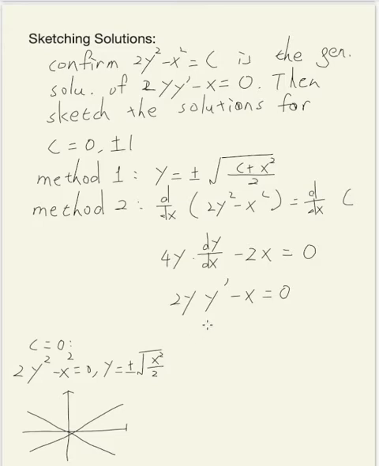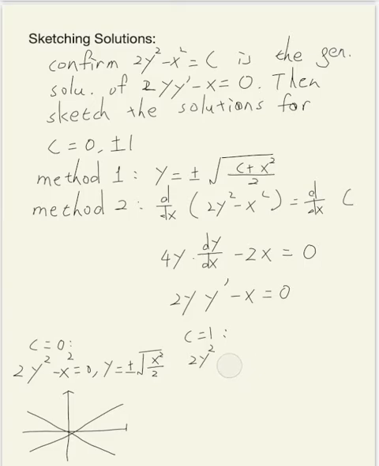And let's look at c equals 1. If c equals 1, then you get 2y squared minus x squared equals 1. Or if we move the minus x squared to the right, so add x squared on both sides, we get 2y squared equals x squared plus 1. And let's just leave it as it is.